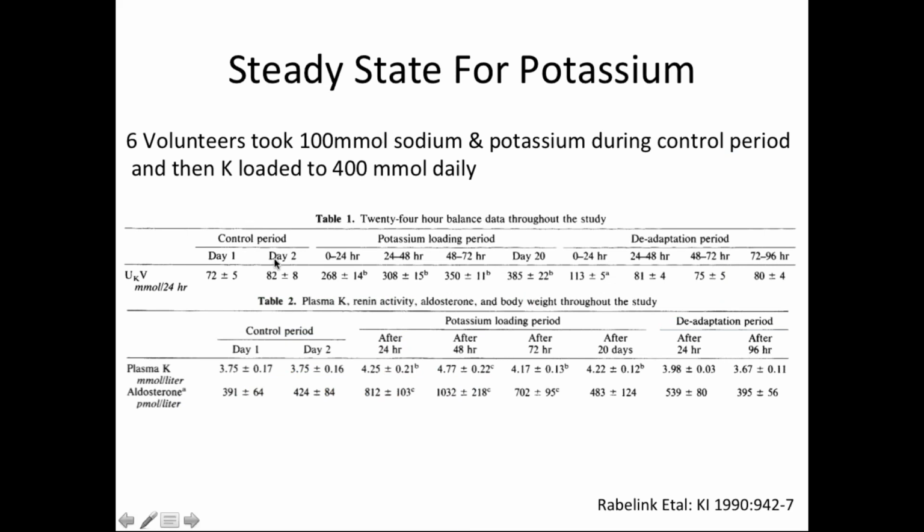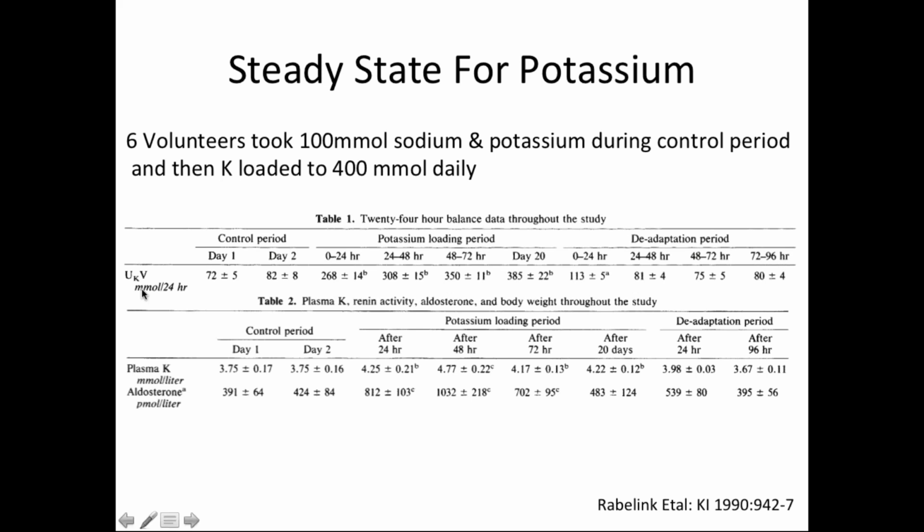So this is from a paper in 1990 where 6 volunteers who were originally on a control period, 100 millimoles of sodium and 100 millimoles of potassium during the control period, then increased their potassium intake to 400 millimoles of potassium, something which I'm not sure anyone ever will get to.